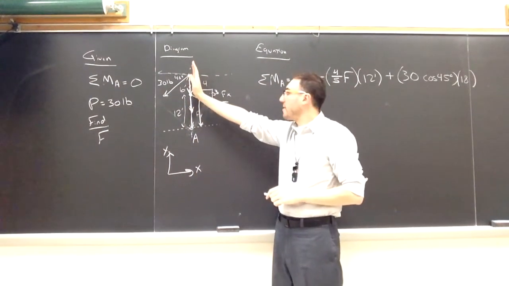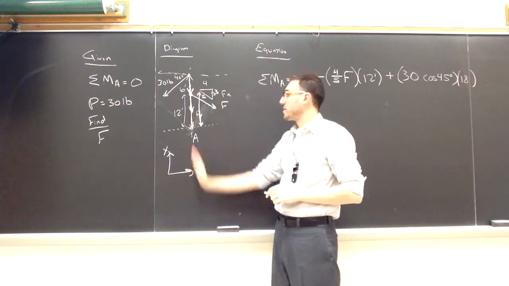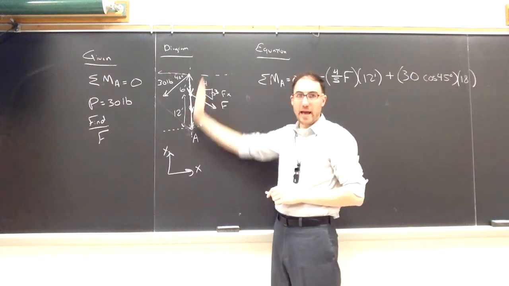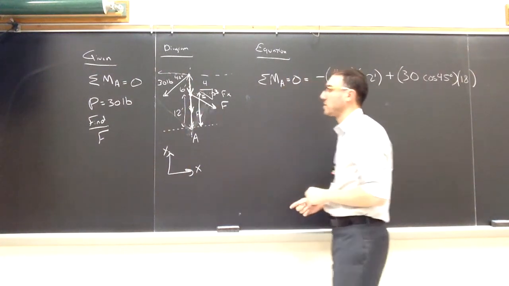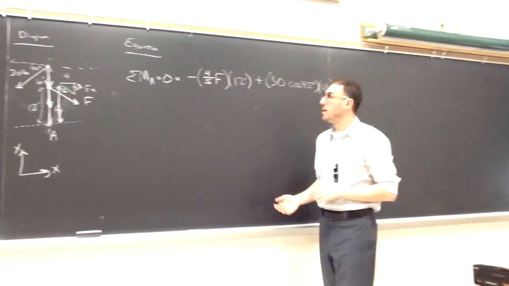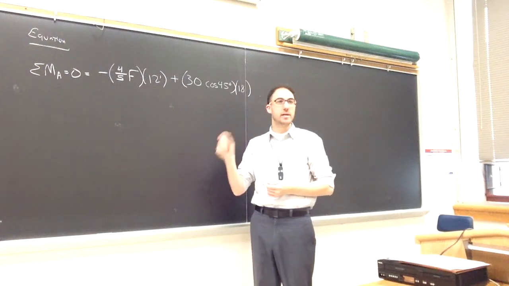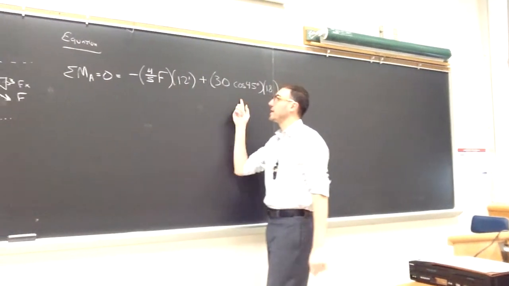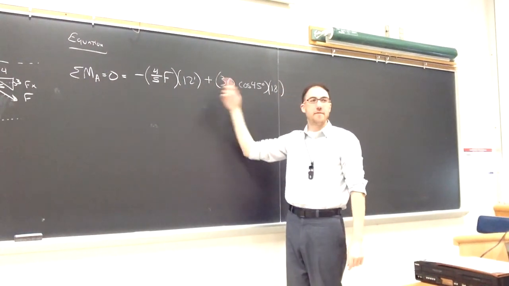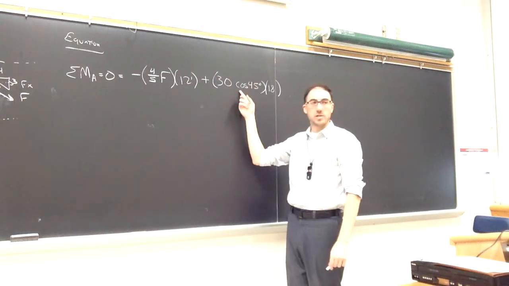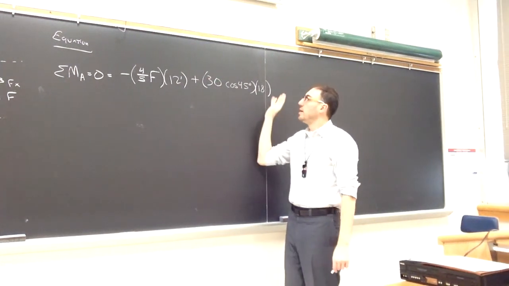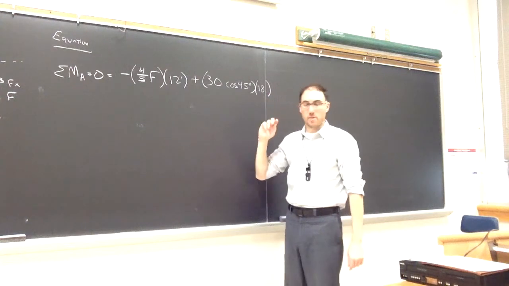But its line of action is also on this line that cuts through A. So the vertical component of force P will also have no moment contribution because that perpendicular distance is going to be 0. So the only things that do contribute are the horizontal part of F and the horizontal part of P. The other two dropped out because they were 0.